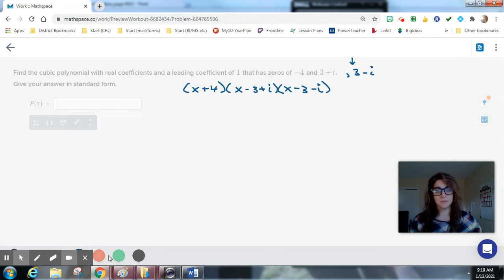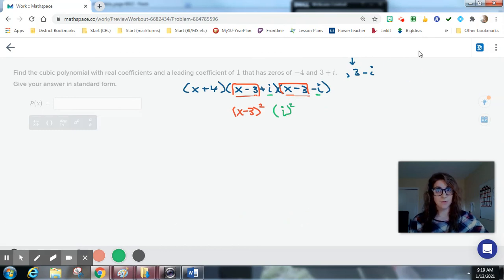When we multiply this out, we're going to group our x and our integer value. So x minus 3 is going to be squared. And then we're going to group our i's, and that's going to be an i squared.